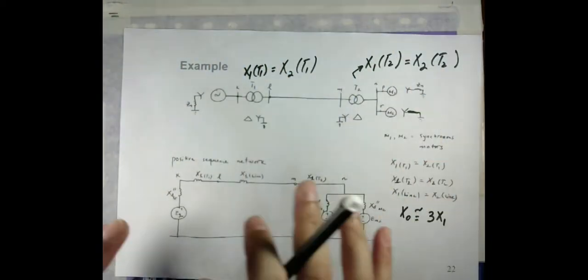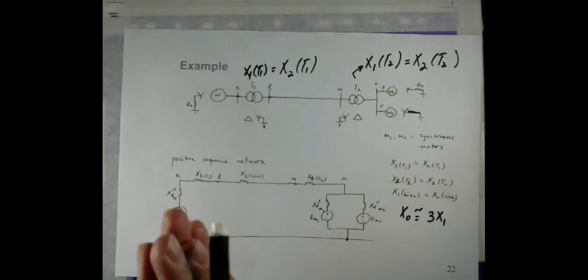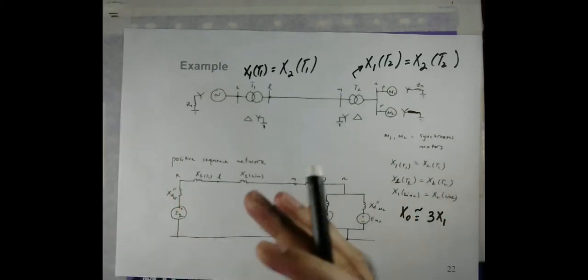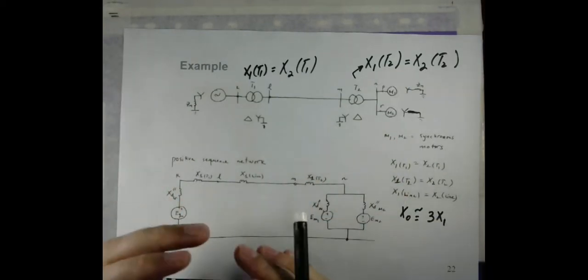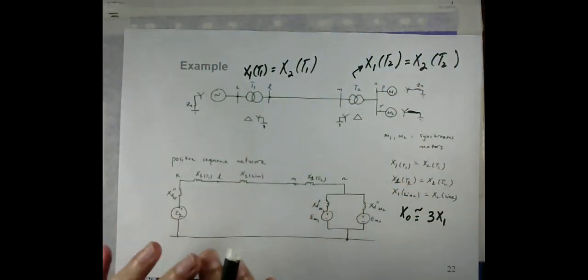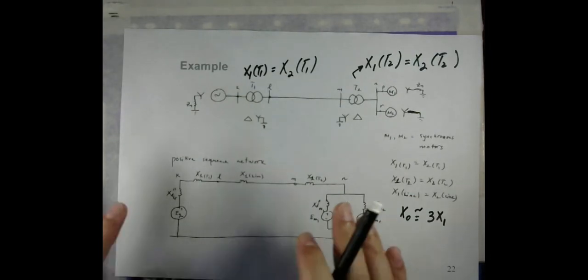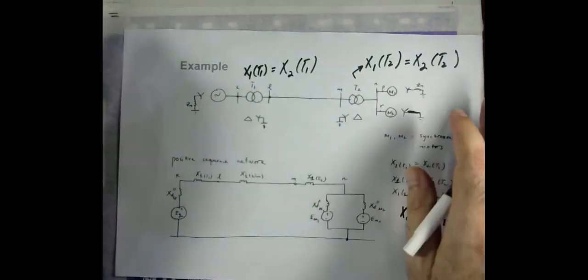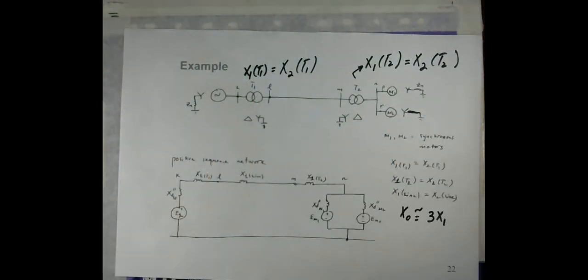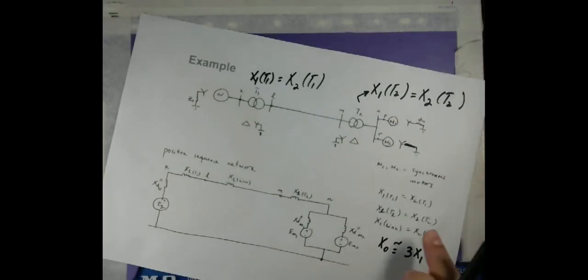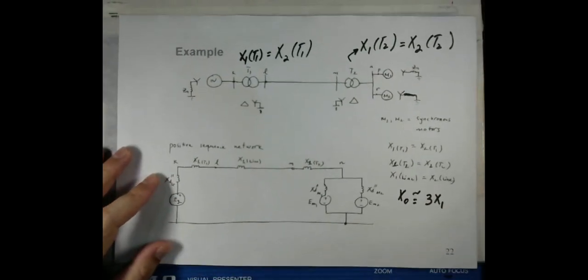All these four components we have separately discussed. So now, using that knowledge, we will derive the sequence networks including all these components.